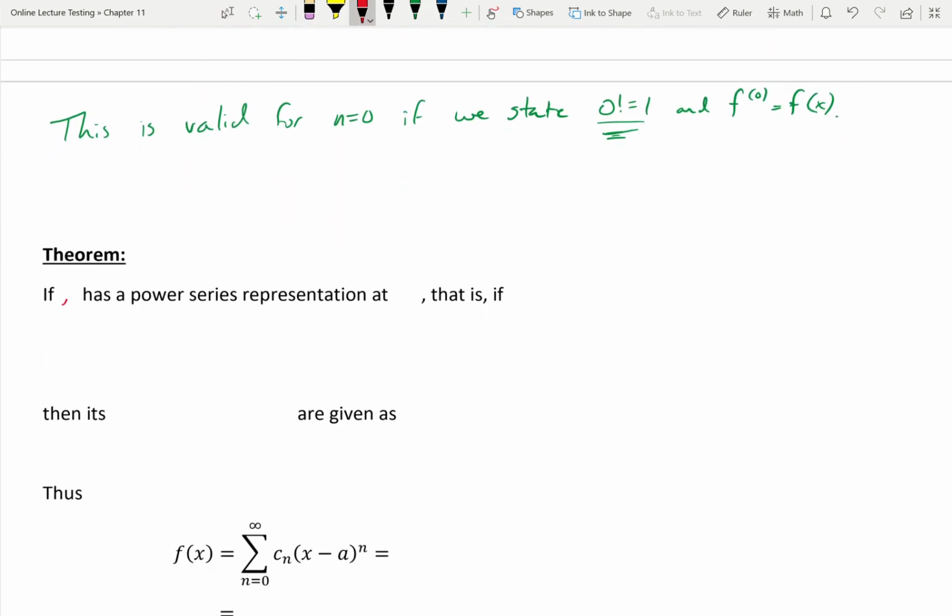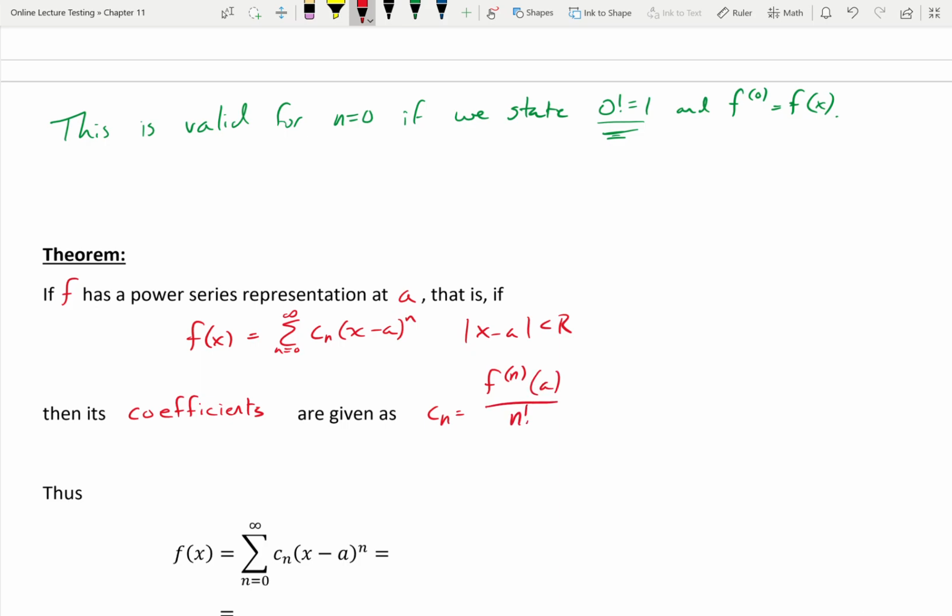So if f has a power series representation at its center, a, and again, we talked about where these are centered, that is, if f of x is equal to the series as n goes from 0 to infinity of c sub n (x minus a) to the n, and here |x minus a| is less than r, so again, we're talking about a radius of convergence, then its coefficients are given as c sub n is equal to f sub n of a divided by n factorial.